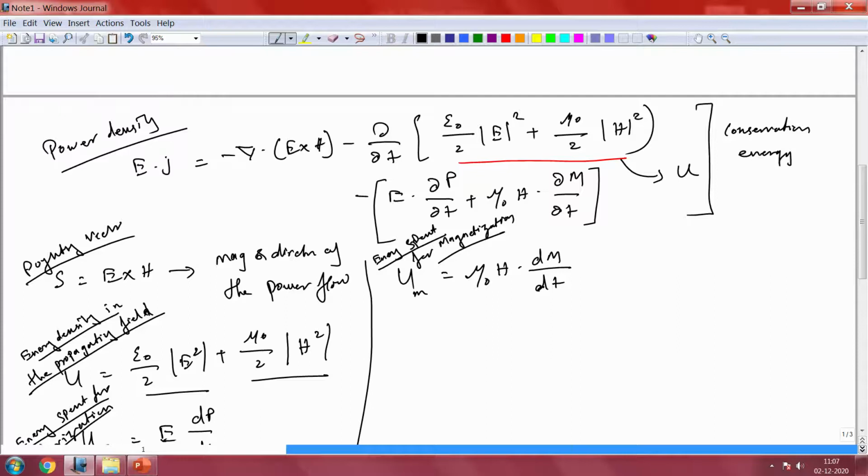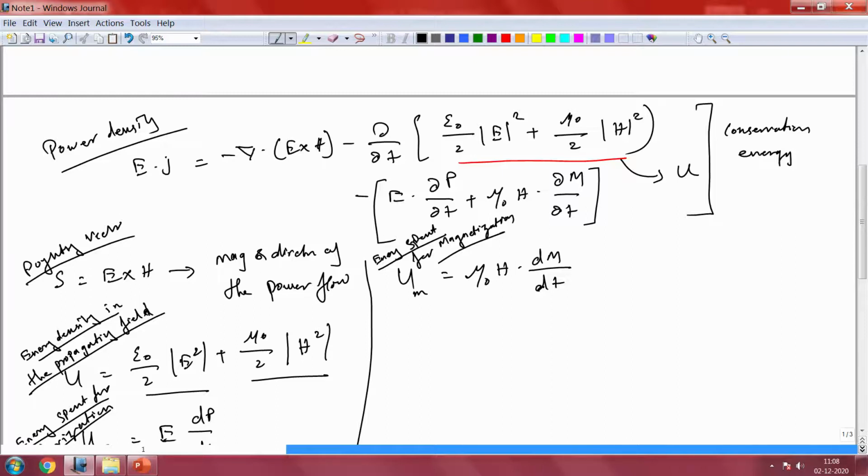So once we understand this, we can use these properties to discriminate various loss mechanisms when the wave is traveling through a medium as well. So you can use this for characterization as well, particularly when it comes to materials that are dispersive and materials that are non-dispersive.